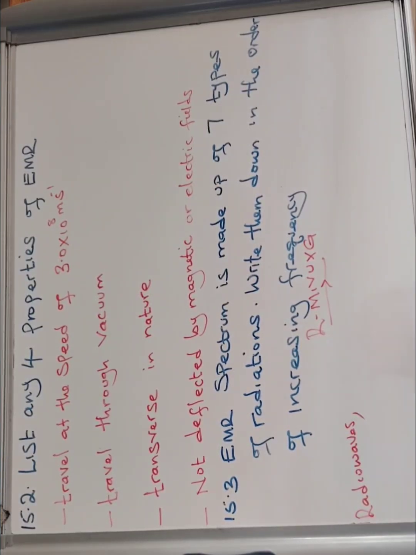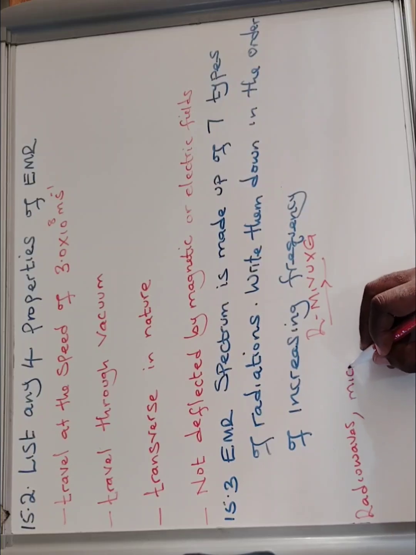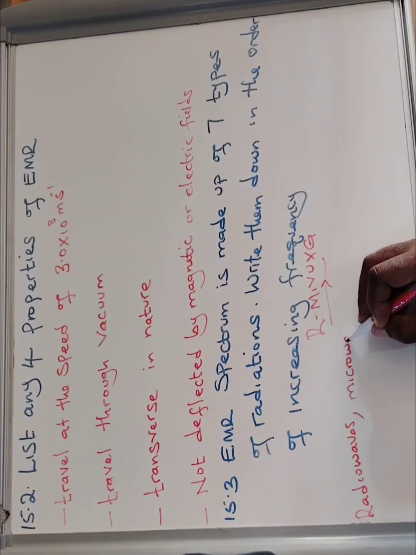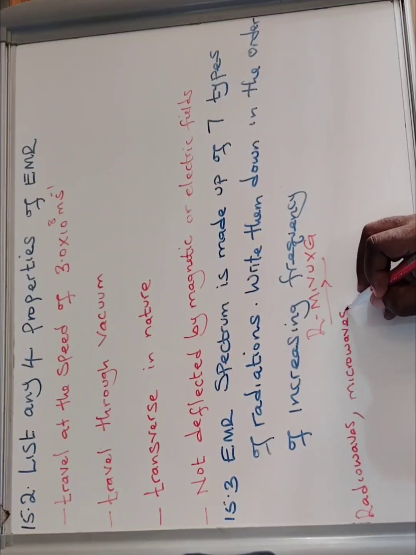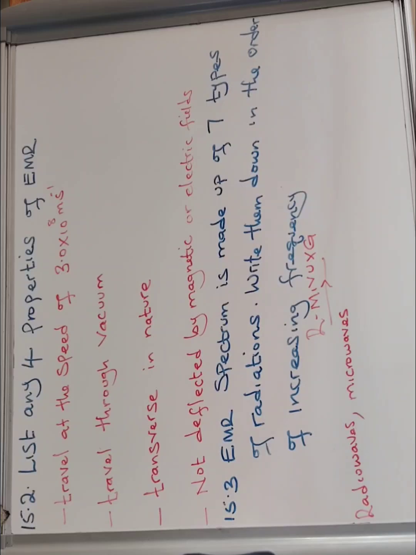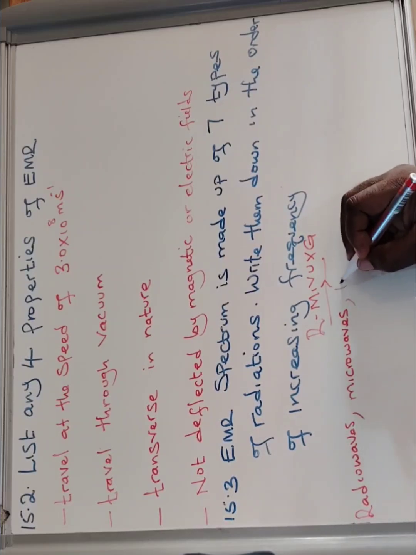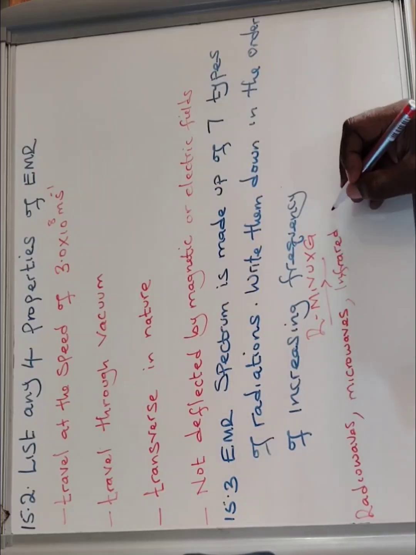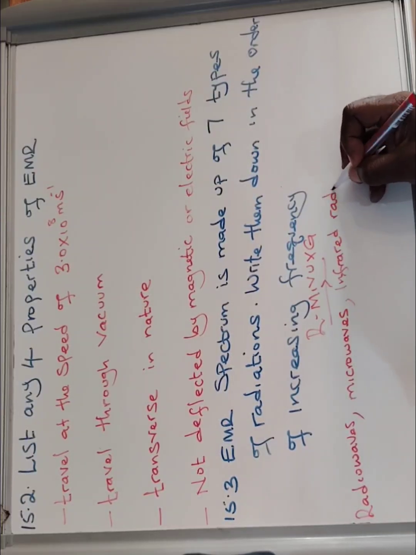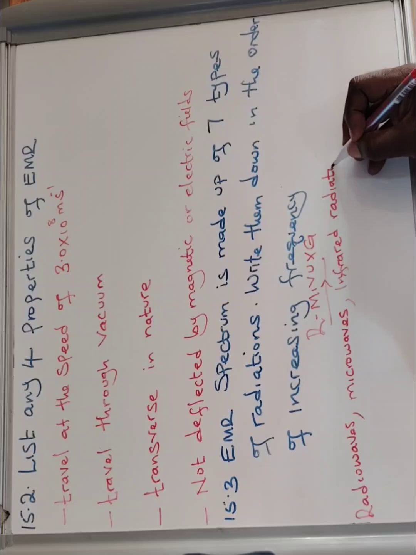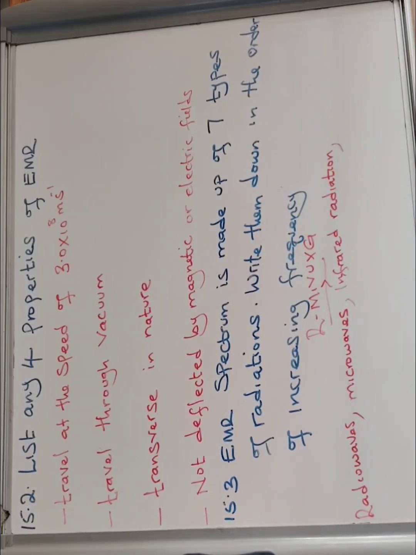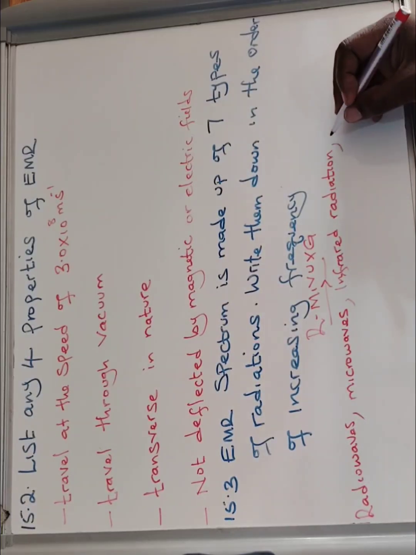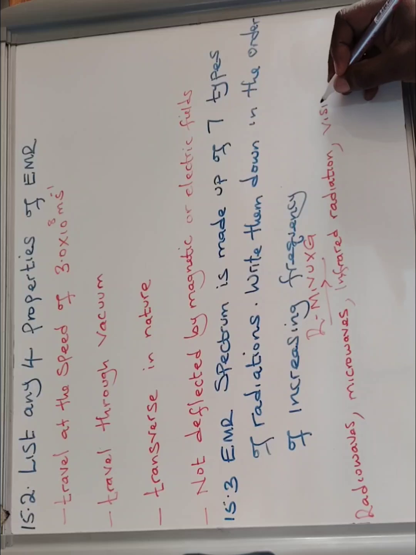M represents microwaves. I represents infrared radiation. V represents visible light.